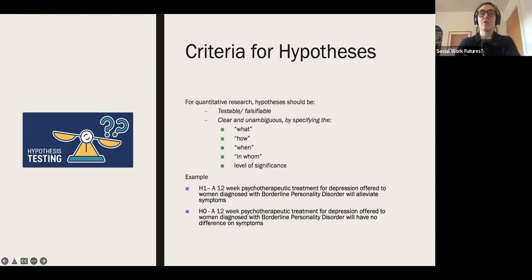So just to delve a bit deeper into how we work with a hypothesis. As I said, a hypothesis is an assertion that can be tested. So in this example here, from the question that we used earlier, a 12-week psychotherapeutic treatment for depression offered to women diagnosed with borderline personality disorder will alleviate symptoms.